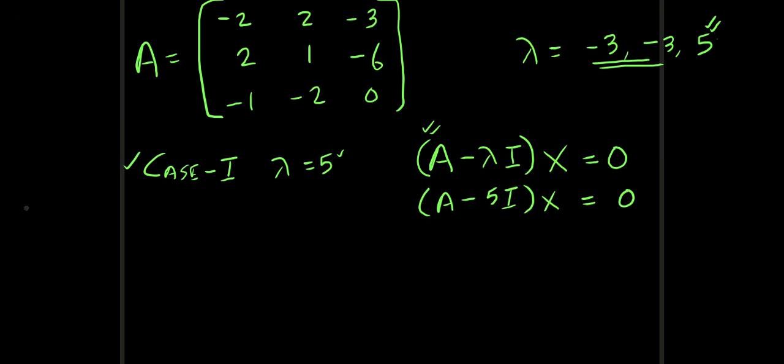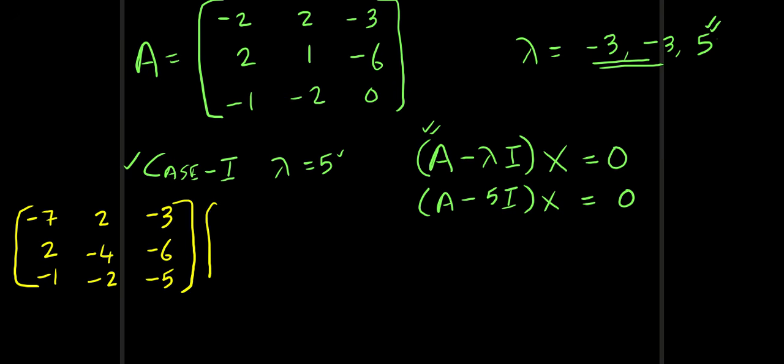And that gives me -2 minus 5, that is -7, 2, minus 3; 2, 1 minus 5, that is -4, -6; and -1, -2, and 0 minus 5, that is -5. And the eigenvector x1, x2, x3 is equal to 0, 0, 0.